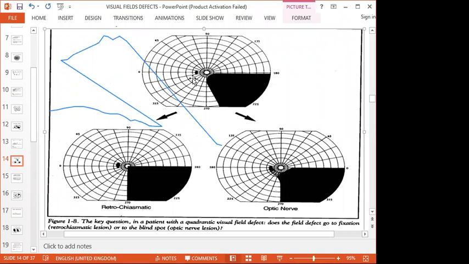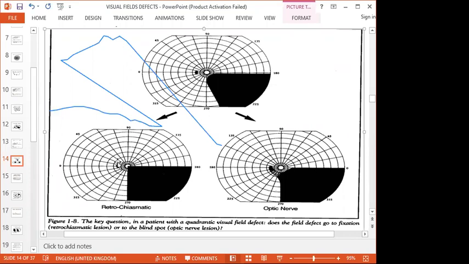Why is this a blind spot? Because this is the optic disc. But this is the macula. Macula is off from the optic disc.